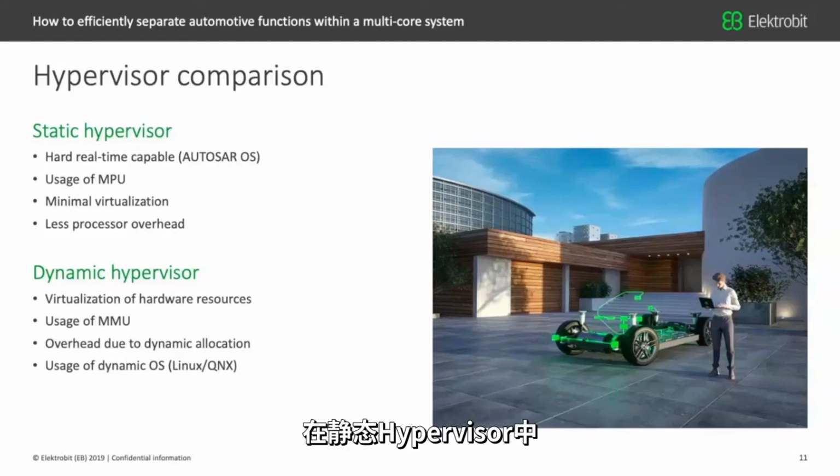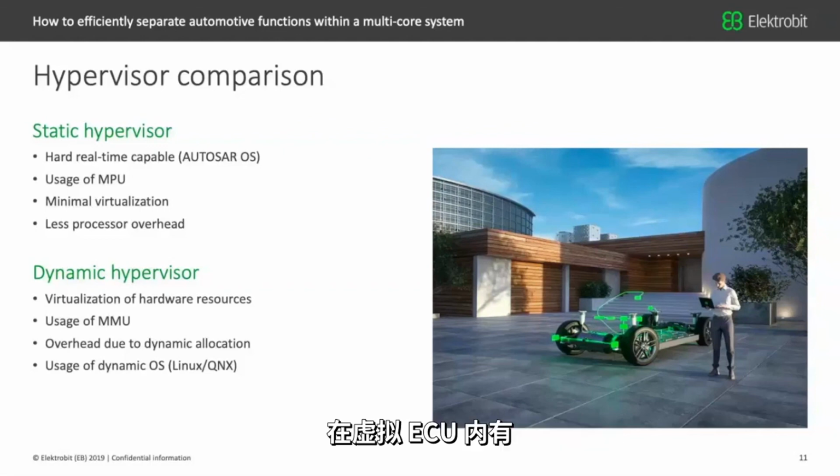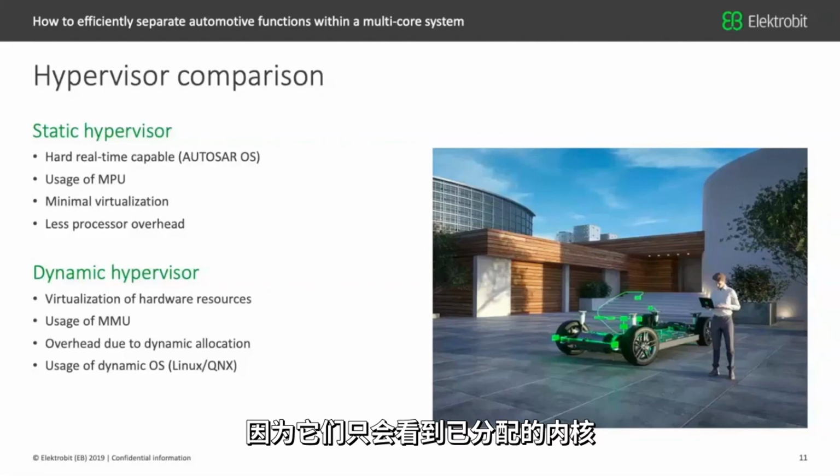And then, we have less to no processor overhead within the static hypervisor. Basically, the hypervisor is just, in quotes, startup code. It sets the system up in a way that the operating systems within the virtual ECUs, so I have two binaries basically, run as if they only see the assigned cores, and they don't know anything about the other system.